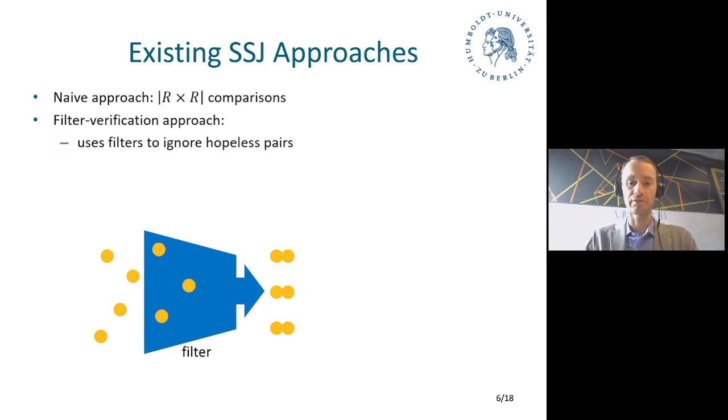So these yellow bubbles here on the left side, they are our input records, and filters generate candidate pairs. These candidate pairs are a superset of the result pairs, so we do not lose anything with this filter technique. And the hope is that these candidate pairs are a lot less than the cross product would be.